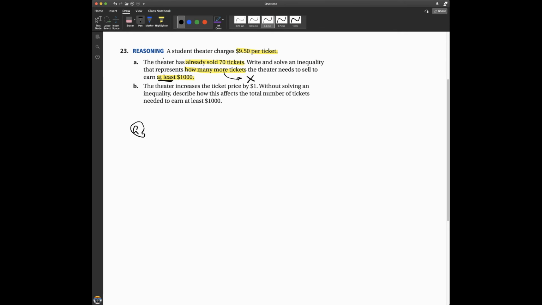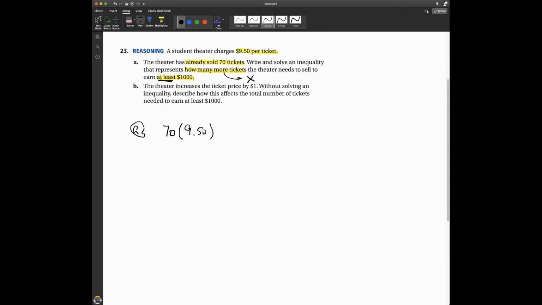The theater has already sold 70 tickets. And how much did that earn? 70 tickets, I need to multiply that by $9.50, and that will tell me how much money I've earned already, not spent.